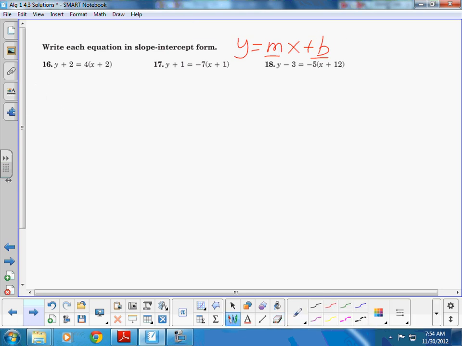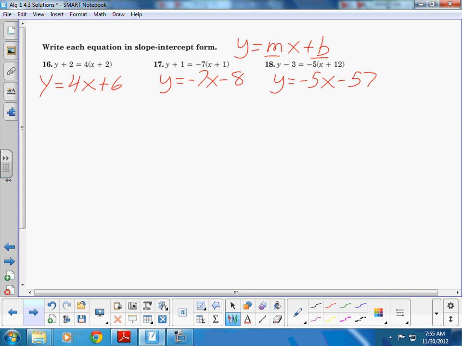Number 16, the answer is y equals 4x plus 6. 17 is y equals a negative 7x minus 8. And 18 is y equals a negative 5x minus 57.